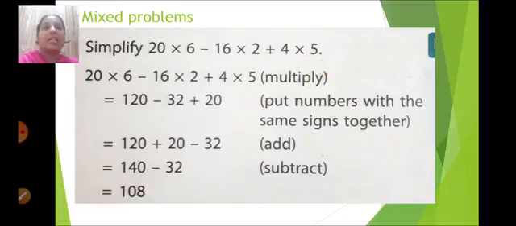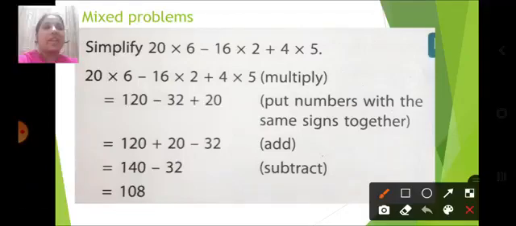Here children, you can see there are three operations. Here we have multiplication, here we also have subtraction and addition. So in a mixed problem, first of all we multiply, then we add and lastly we subtract.